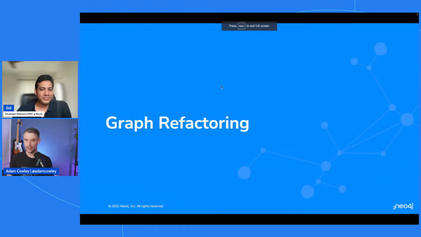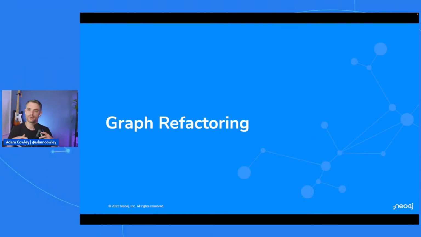Cool. Sounds good. So I guess we kind of touched on this already, but say we've got a graph that we've modeled, we've worked through, but it may not be as performant as we need it to be. Maybe we need to reach that arbitrary number that managers always like to do.